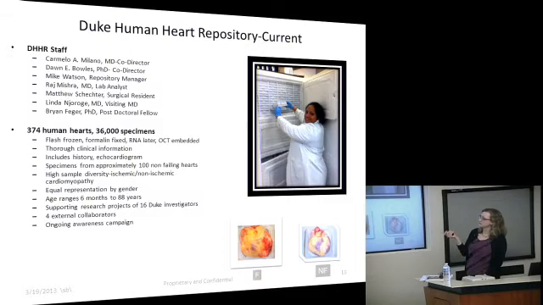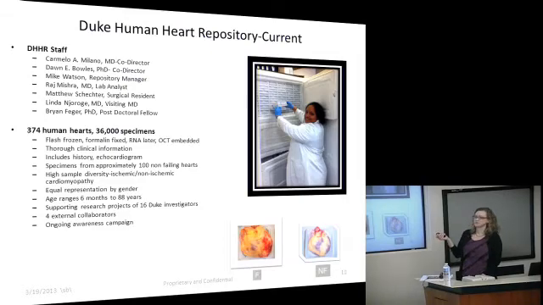Associated with this are thorough clinical information, including, in many cases, echoes. And we have obtained from the different OPOs specimens from approximately 100 non-failing hearts, which would be controls. We have a relatively high sample diversity, ischemic and non-ischemic cardiomyopathies, the non-ischemics from many different etiologies.